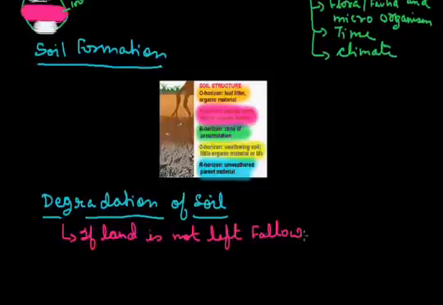The first reason is when we do not leave the land fallow. Fallow means when the farmer leaves a particular patch of land for some time so that during that period the soil regains its fertility. But if we continuously cultivate crops on a soil, then it is possible that the soil loses its fertility.